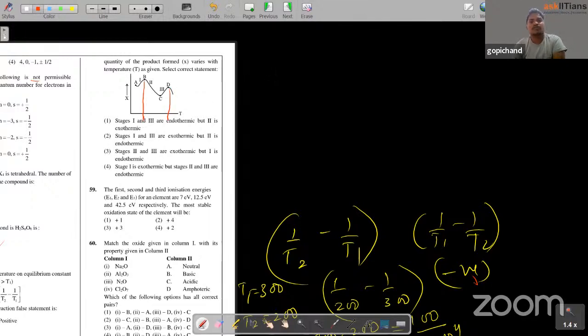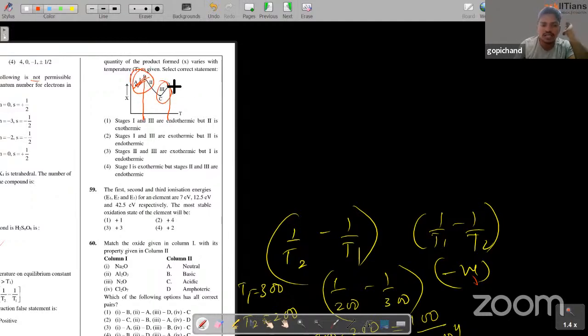If you remember, how do you find whether it is exothermic or endothermic? By looking at the graphs, where there is an increase in energy taking place. That will be endothermic. You can see in process 3 from A to B, there is an increase in product formation. That means there is an increase in temperature, which eventually indicates that it is endothermic.